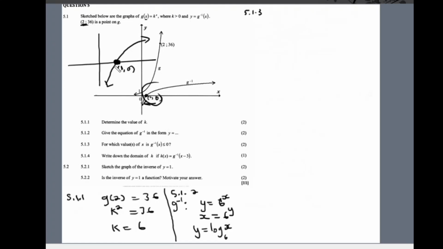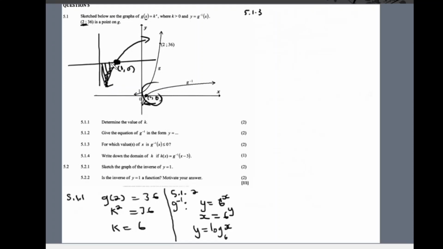The graph is less than 0 below the x-axis, so this part is where the graph is less than 0. Notice the corresponding x values are these ones here.